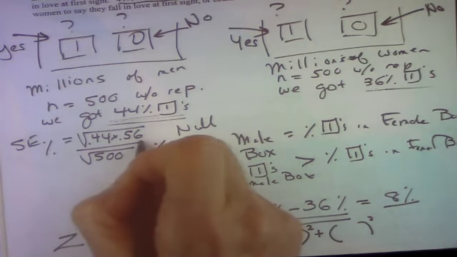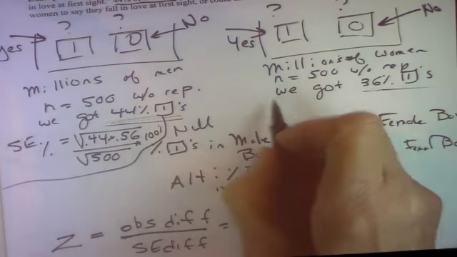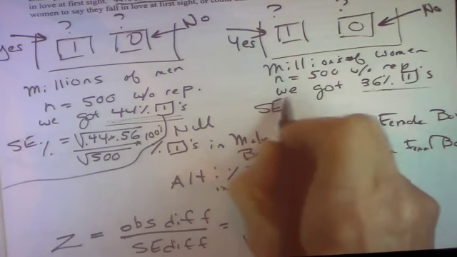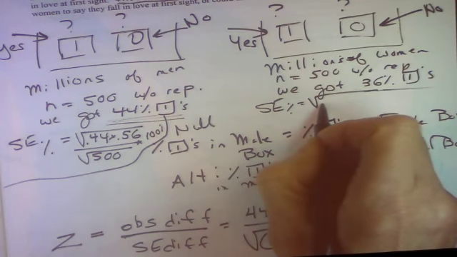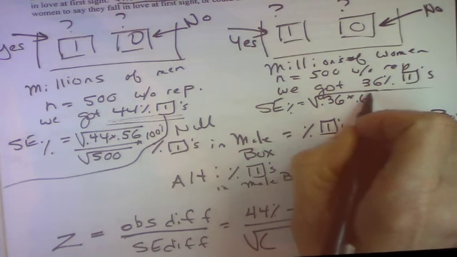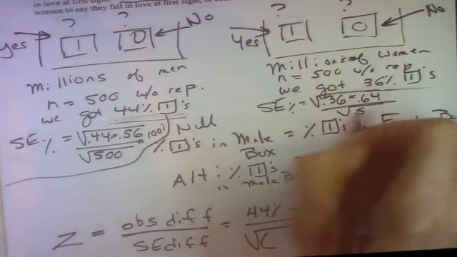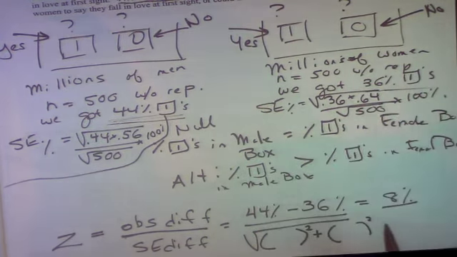And then I have to multiply by 100. Whoa. And what am I going to do for this one? This is going to be the square root of 0.36 times 0.64 over the square root of 500 times 100%.